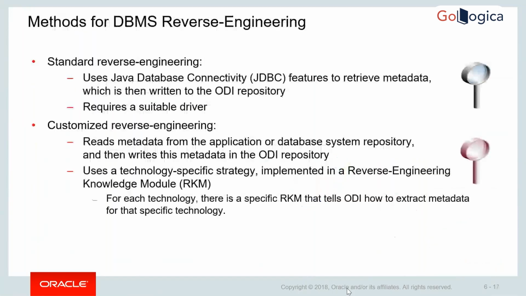There are two types: standard reverse engineering and customized reverse engineering. Standard reverse engineering does not require a knowledge module. Only with the help of the JDBC driver, it can read all my table definitions and bring them in as data stores in my ODI. Whereas for customized reverse engineering, an RKM knowledge module is required.